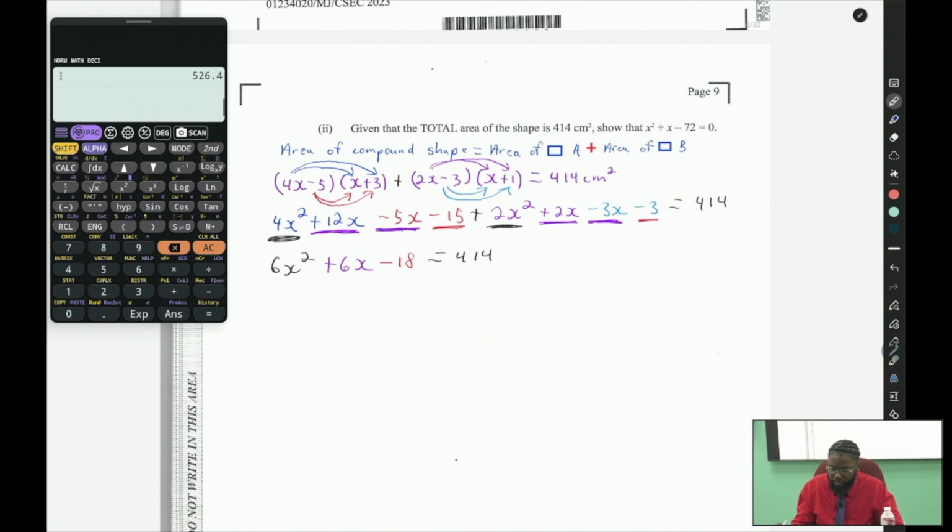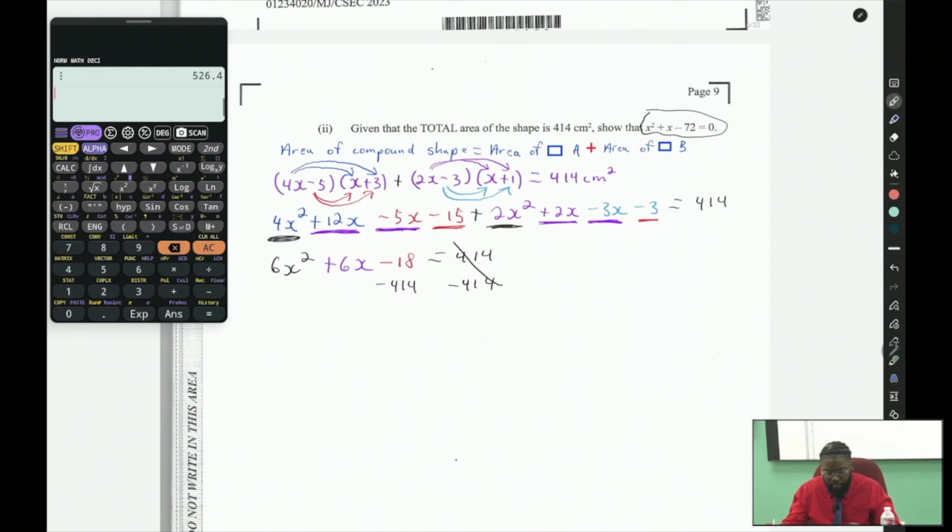So now, it gave us what we need to show. So we need to equate this to 0. We're going to carry the 414 over the other side by minusing. So minus on both sides.